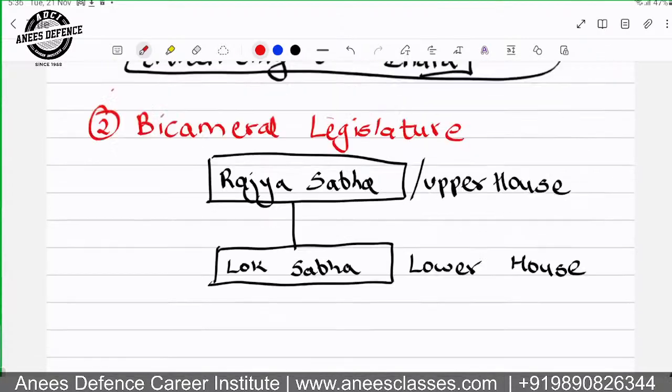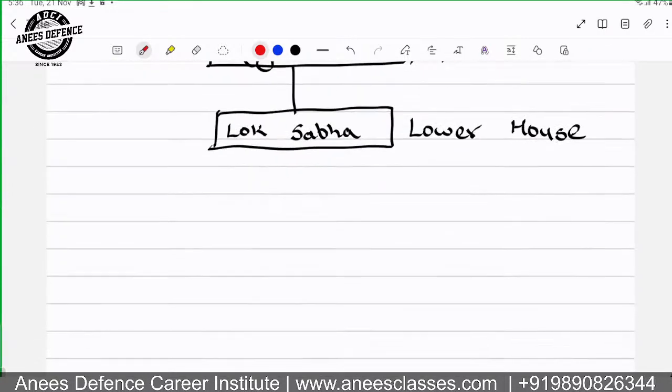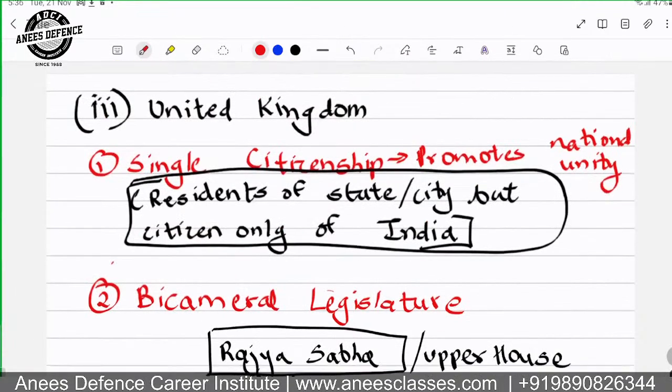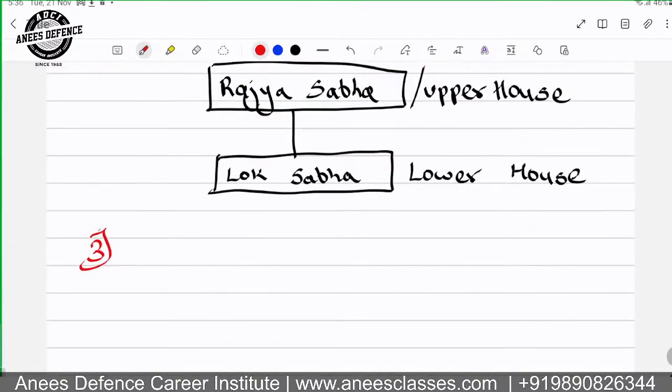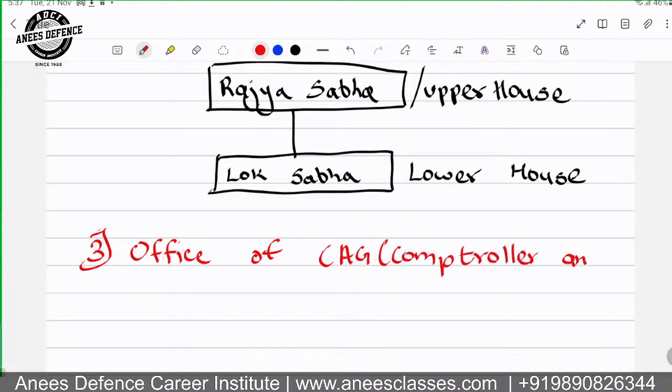Now let us continue with our third thing that we have adopted from the Constitution of UK. The third thing that we have adopted is CAG, Controller and Auditor General.